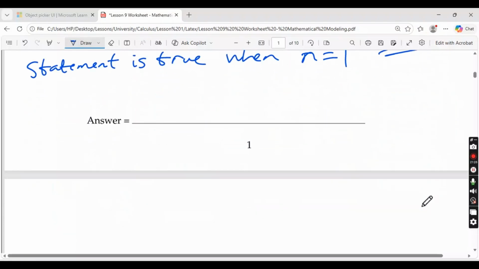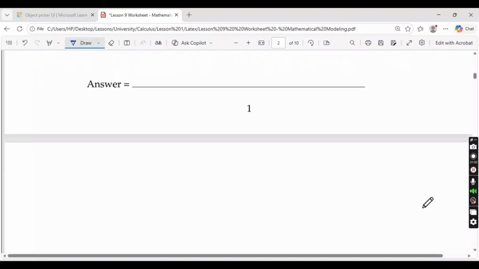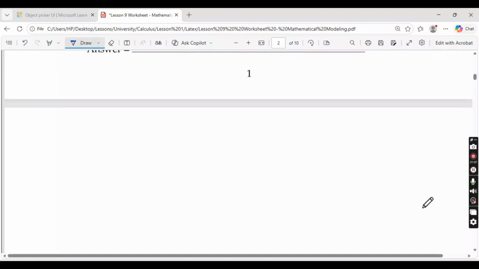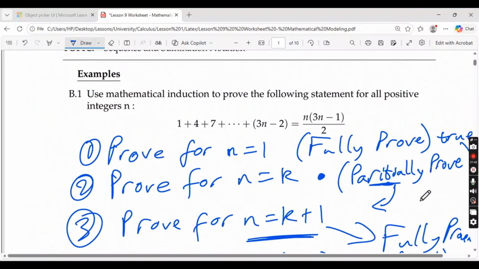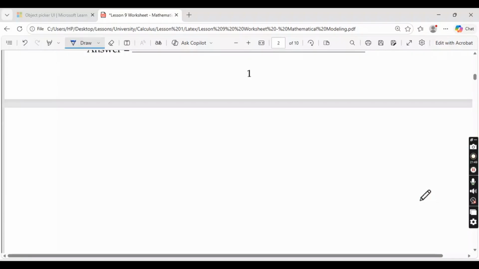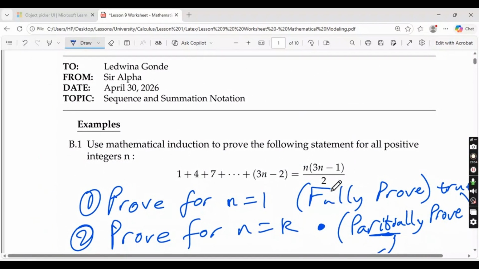Okay, now we go to the second stage. What is the second stage? It's proving for n equals k. So for n is equal to k, we just write the whole statement as it is, but replace where n is.